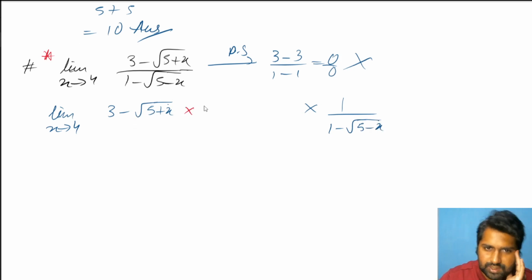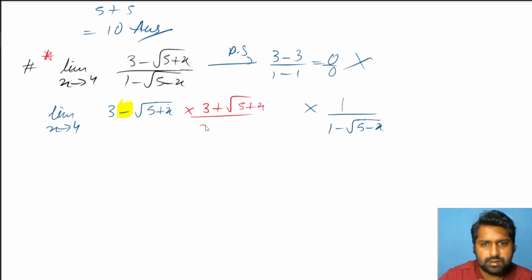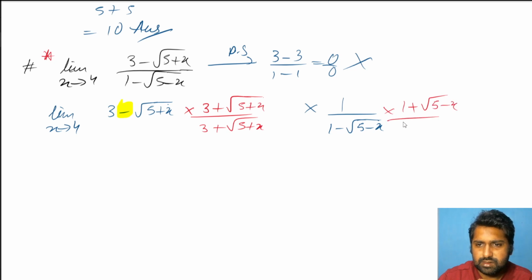So in order to rationalize, multiply it by 3 plus, change this sign, 3 plus square root of 5 plus x. Here also you do rationalization, 1 minus, so change it to the plus, 5 minus x, 1 plus square root of 5 minus x.